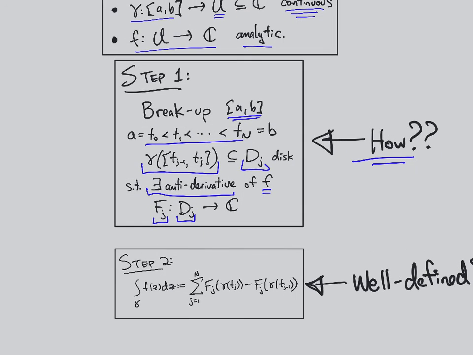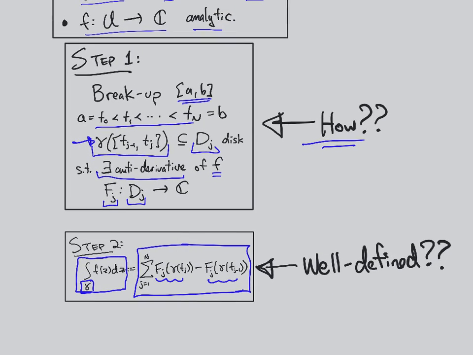And step two then is that you can define the integral of f over this continuous curve as follows. So this is what you would get if you had a piecewise C1 curve. You would break it up onto these subintervals, and you'd compute the differences of the values of these antiderivatives at all of these endpoints.